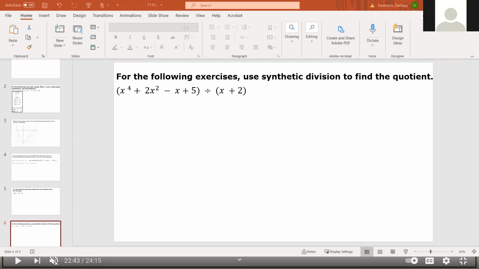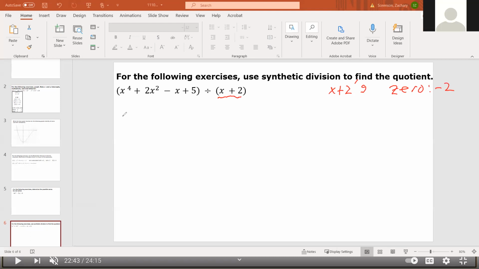Okay. First step is take this, determine the 0 associated with it. What's the 0 associated with x plus 2? -2. Just flip the sign. Okay.